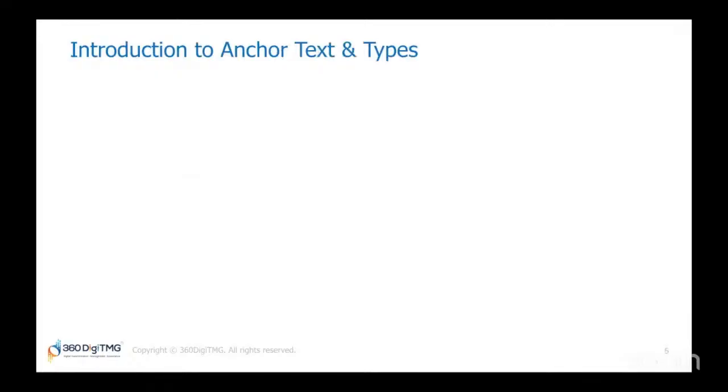And when it comes to anchor text and types, what do you mean by anchor text? Anchor text is clickable text in a hyperlink format that directs the user to another page. So in our website we'll have two types of links: internal links and external links. For internal links, we can mention them as dofollow.